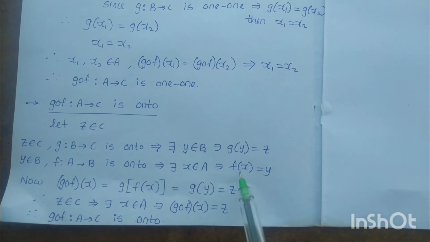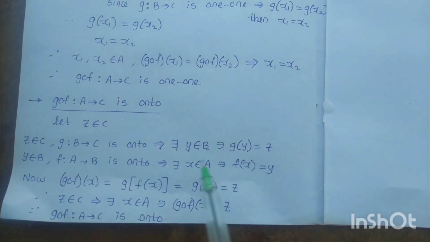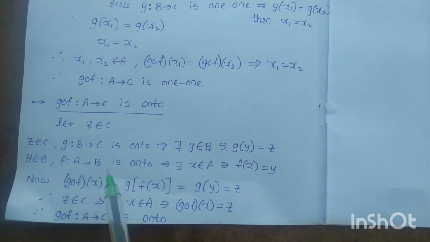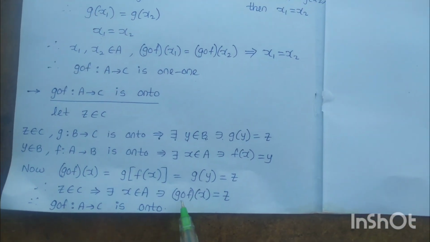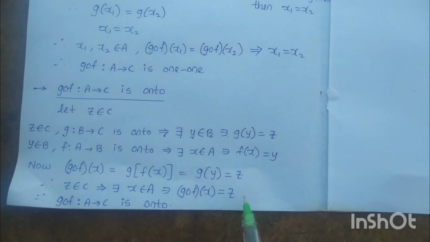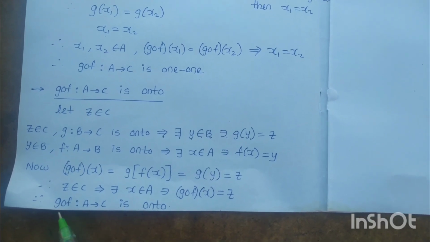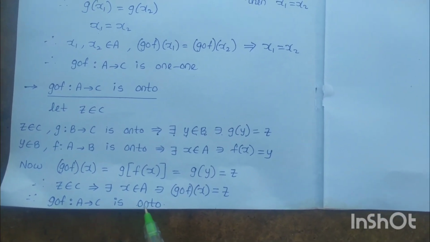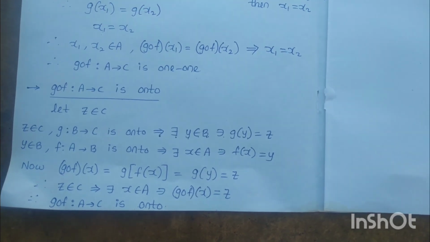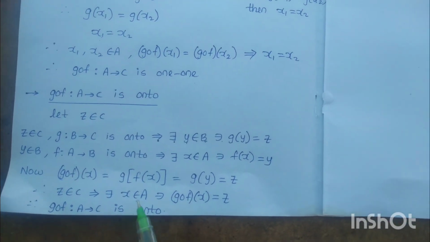Then reverse. Suppose f of x is equal to y, then you can write f maps A to B is an onto function. So in similar lines, if g of f of x is equal to z, then g of f maps A to C is also an onto function. What is the meaning of this?